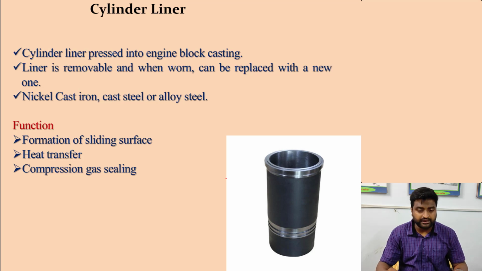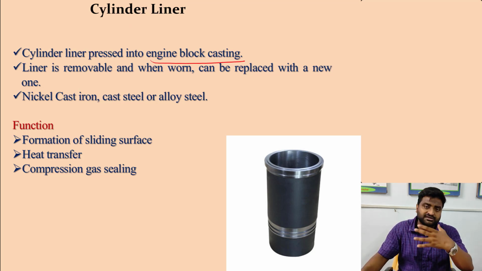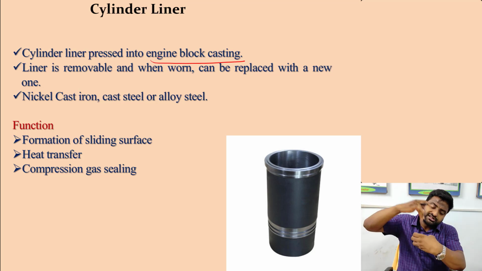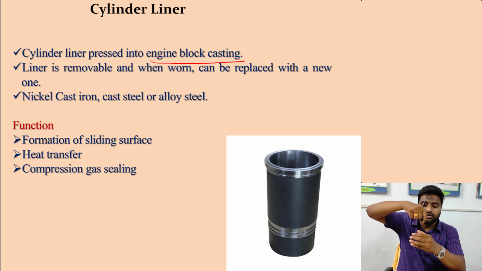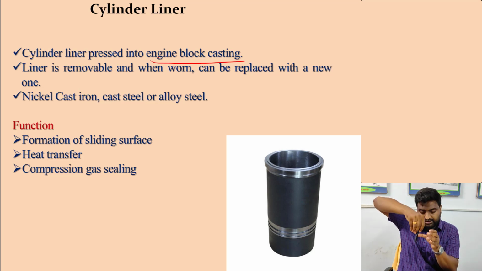Now, cylinder liner. You can say that the liner is something which is pressed into the engine block casting. So this is the engine block, and the cylinder will be inserted over here. Around this, one lining is given, right?